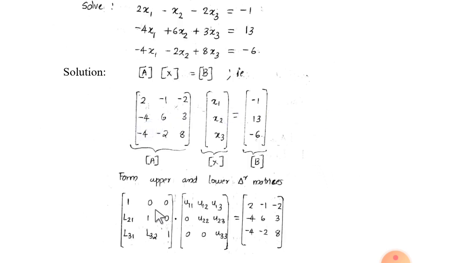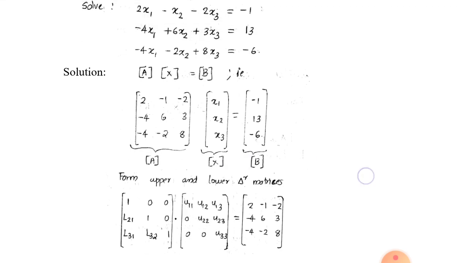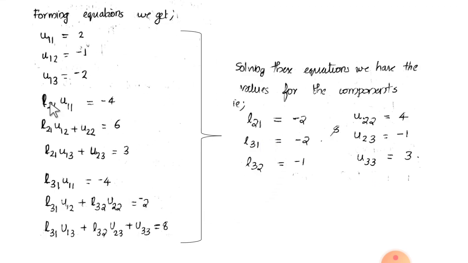You know matrix multiplication. First this row into this column, then you will get U11 equal to 2. Again this row into this column, you will get U12 equal to -1. Again this row into this column, so you will get U33 equal to -2. Similarly, you do the matrix multiplication and find the solutions.